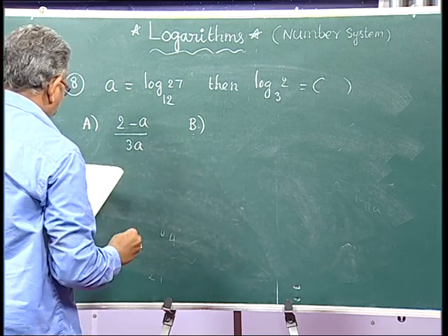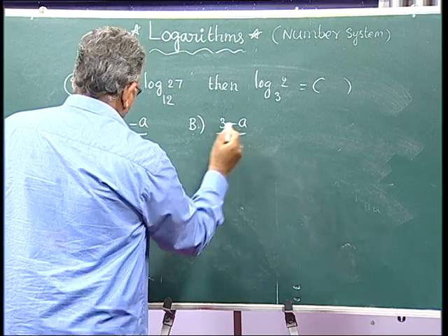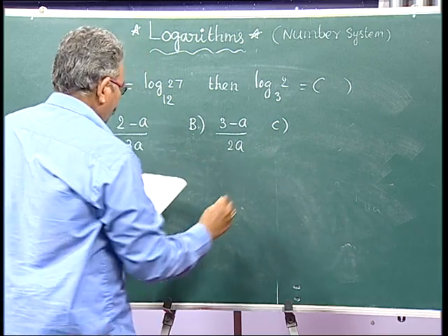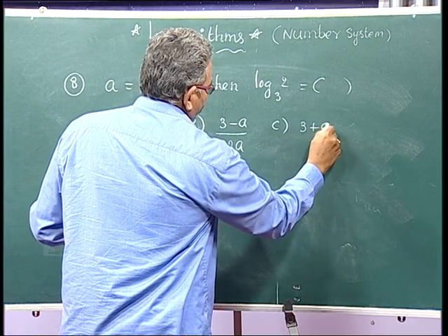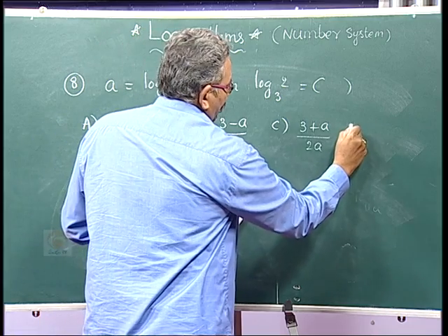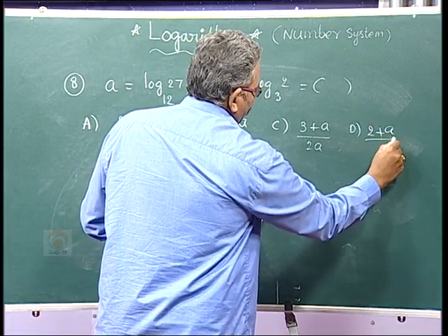Sorry, option B 3 minus a by 2a, option C 3 plus a by 2a, option D 2 plus a by 2a.